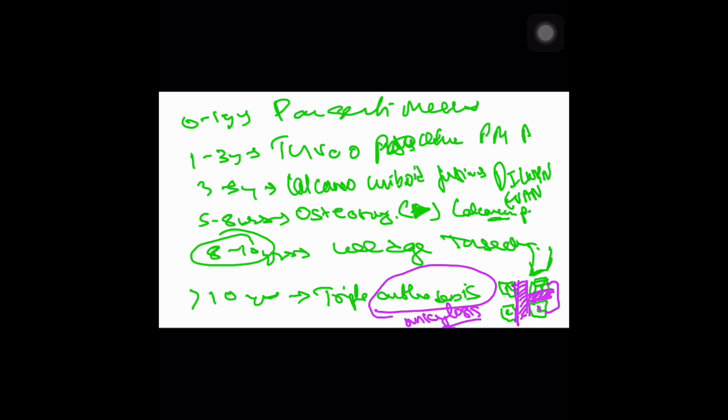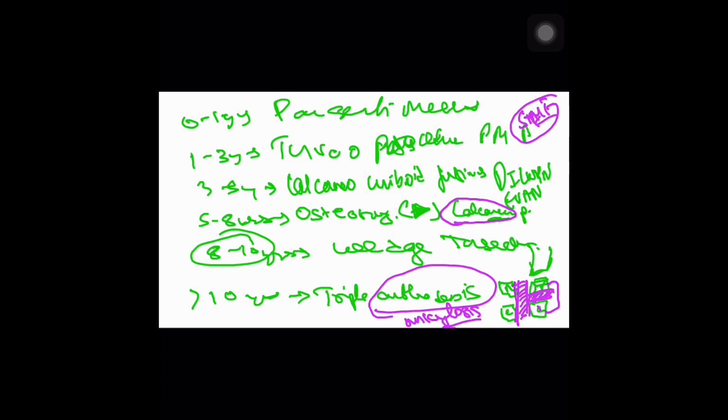Osteotomy means you are going to cut it like a wedge, towards the calcaneum. That is known as Dwyer's osteotomy. Why are we doing all this? In 1 to 2 years, the soft tissue and muscle will become fibrous, because of which there will be contraction, and contraction will lead to varus or equinus deformity.